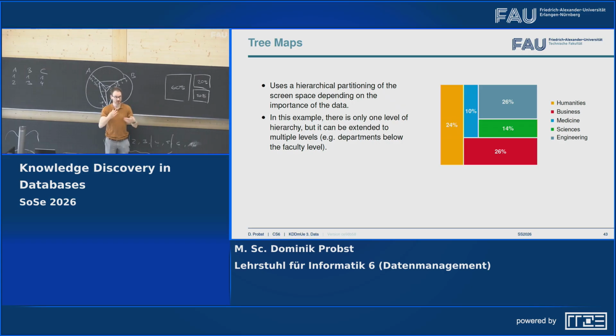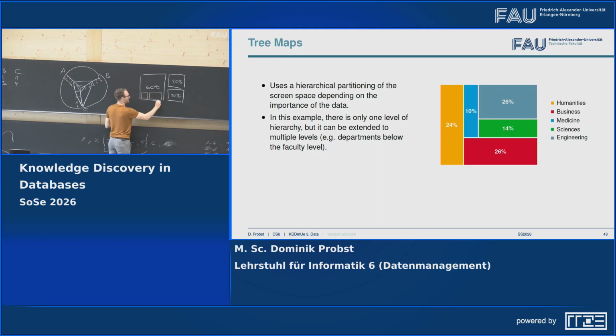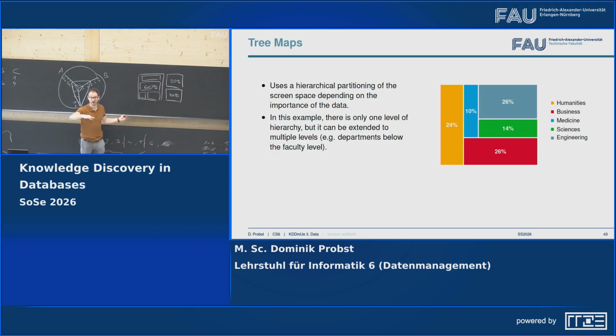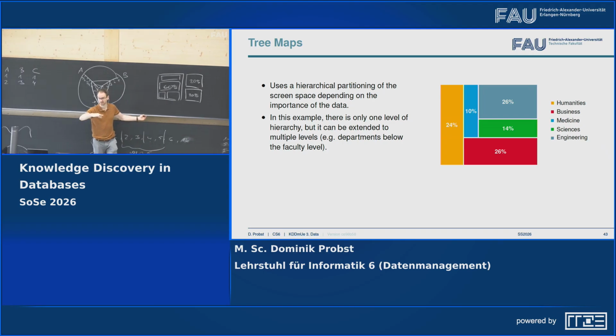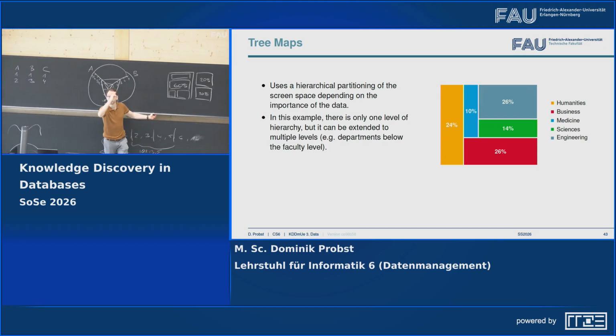So in a dynamic analysis, we can now say, hey, let's split up the technical faculty into different departments. So this 60% rectangle might contain some smaller rectangles to display a lower level of hierarchy. And we can even split that up even more and even more, because it's working the same way.